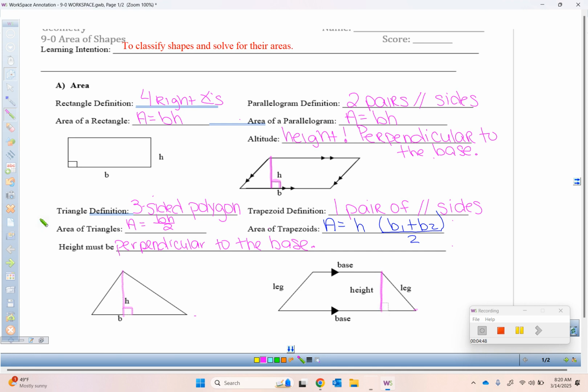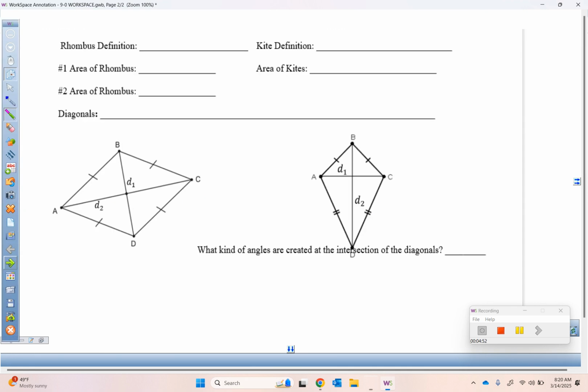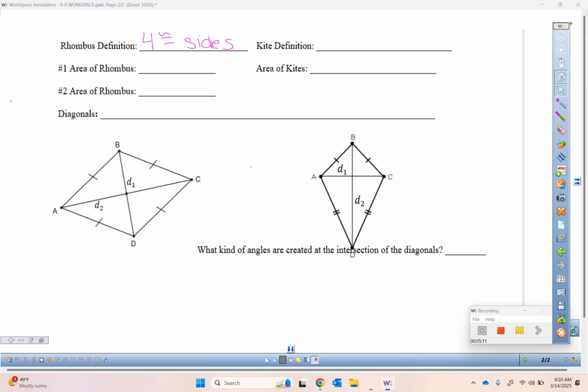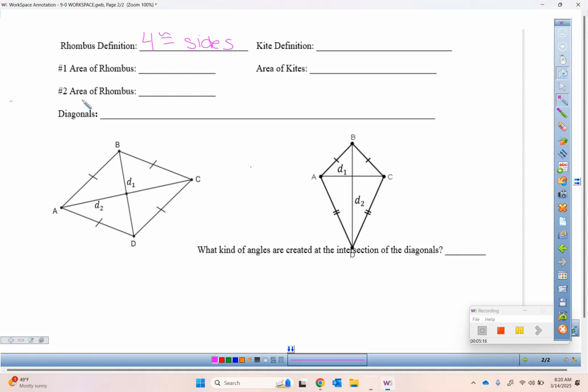Okay, moving on. Rhombus definition is 4 congruent sides. And there's two different kinds of rhombuses, really.